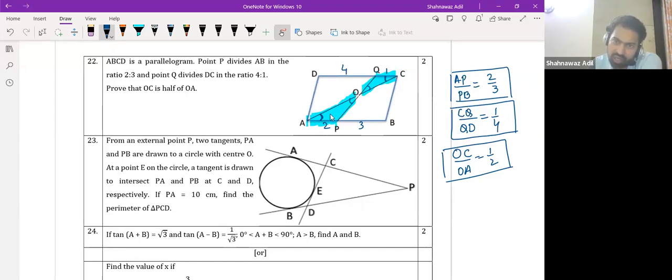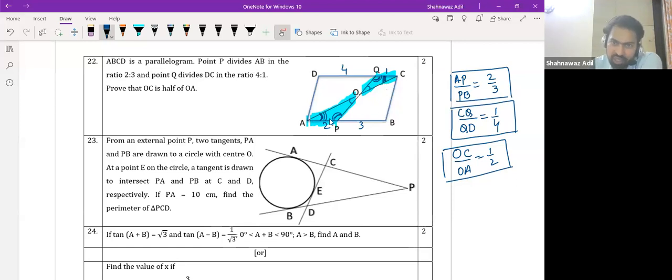So opposite to this one, this one is equal to this one, right? And we can also see from the parallel and transversal line, this is an interior angle, so this would also be equal.